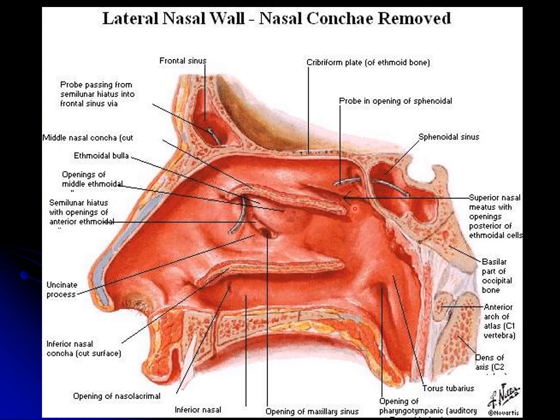In the superior meatus we have posterior ethmoidal cells. At the floor, or lower part, we have the maxillary sinus opening at the hiatus semilunaris, and at the inferior meatus we have the opening for the nasolacrimal duct.